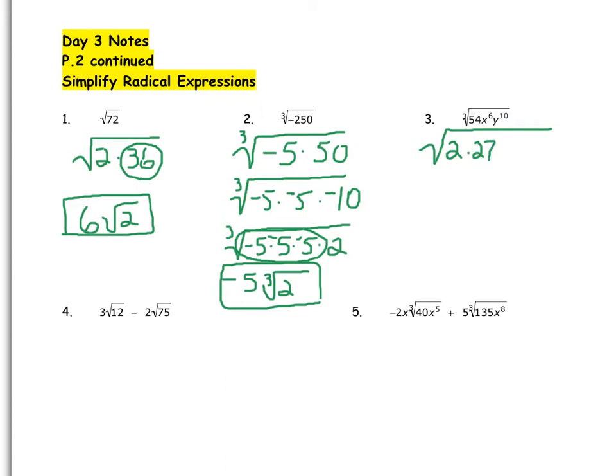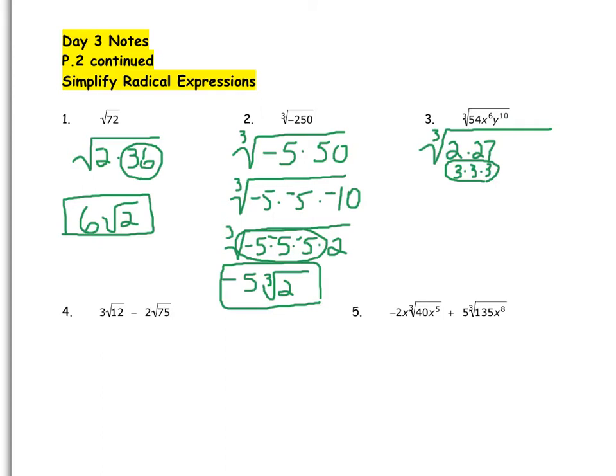And 27 is going to be able to be written as 3 factors. So that means I'm going to be able to take out a 3 for that cube root. Now the powers, I think of as many as I can of the third powers of either x to the 6th or y to the 10th.